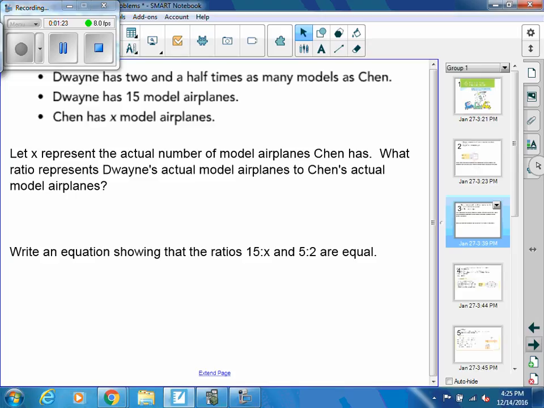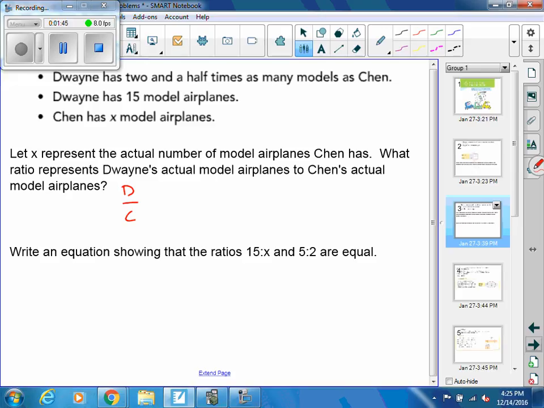So now it says let X represent the actual number of model airplanes Chen has. What ratio represents Dwayne's actual model airplanes to Chen's actual model airplanes? Well, we'll use D for Dwayne and C for Chen.